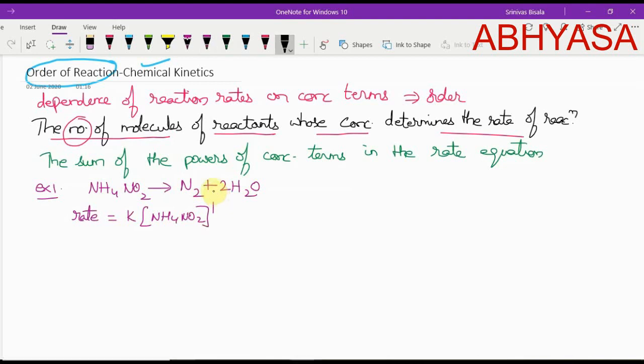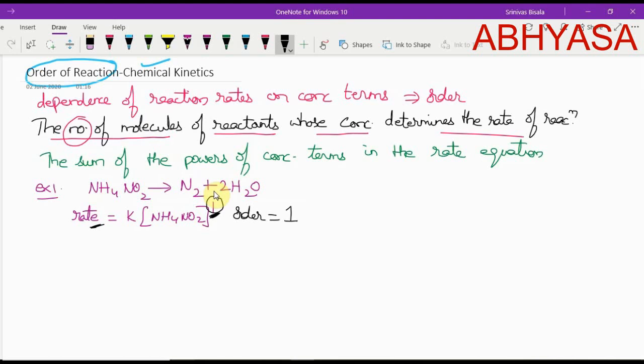Now as the power of this concentration term is equal to 1, that is the reason why the order of this reaction is equal to 1. So order is equal to the sum of the powers of the concentration terms in the rate equation.